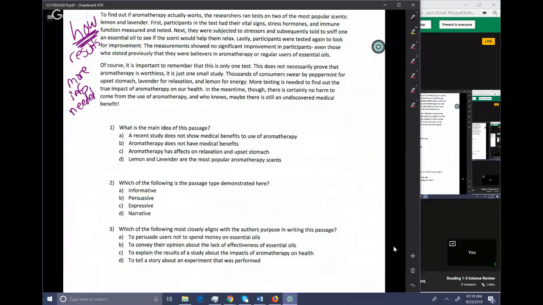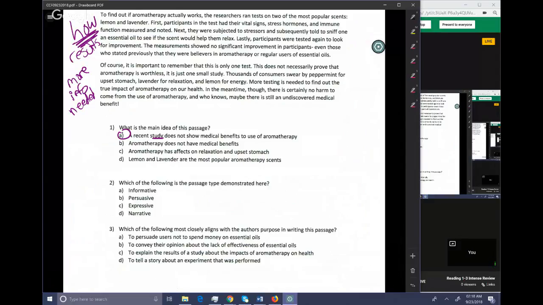I like to start with the right answer and then the second best answer for the sake of explaining these fast. So on number 1, what is the main idea of this passage? Is a recent study. Study is key. So a recent study does not show medical benefits to use of aromatherapy.